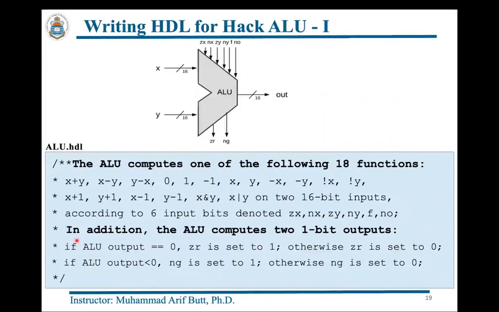Okay, so now we are very much equipped with all the required knowledge to write the HDL of our Hack ALU chip, which can perform one of these 18 functions according to these six control inputs, namely ZX, NX, ZY, NY, F, and NO. And in addition, the Hack ALU also sets the ZR bit to 1 if the result is 0 and sets the NG bit to 1 if the result is negative.